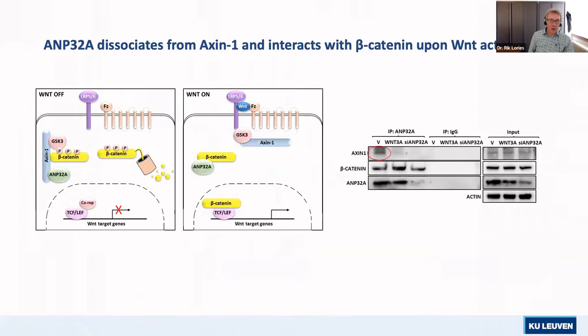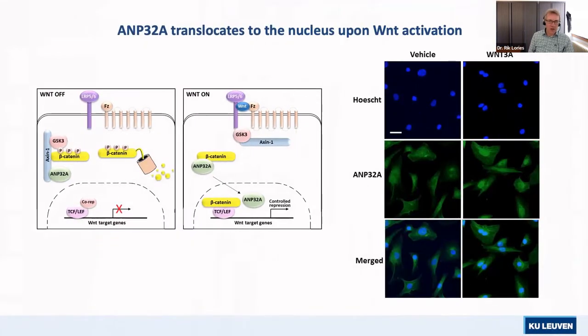How does it work? Well, AMP32A is a cytoplasmic protein. We found that it's actually part of the destruction complex because it binds to axin in that complex. But upon activation of the pathway, it gets disconnected from the destruction complex, and it attaches to beta-catenin and travels together with beta-catenin to the nucleus, as if beta-catenin is carrying a natural brake in the system.